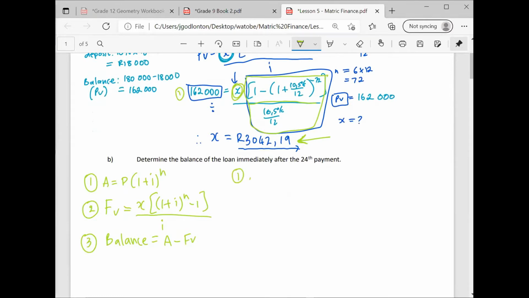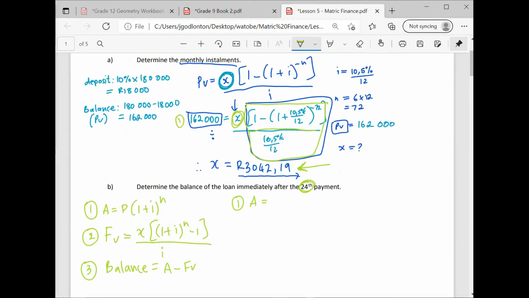First step, we're finding A. We know that we're wanting to know what it would be after 24 payments. And we know that the actual loan that we took out after the deposit was 162,000. So we're going to say 162,000 times (1 plus our interest rate, which was 10.5% over 12) to the power of n, which is 24, because there are 24 payments.